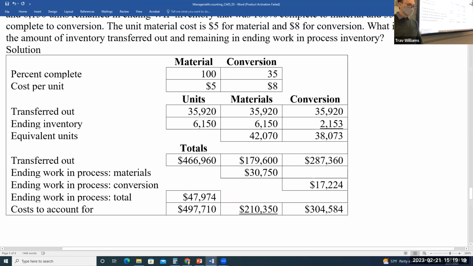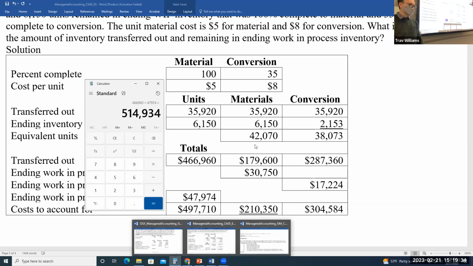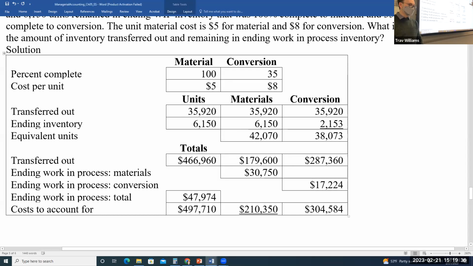Did anybody catch my mistake? Oh, it's here. I added wrong. $514,934. Wow, I was way off. 514,934. That looks right.